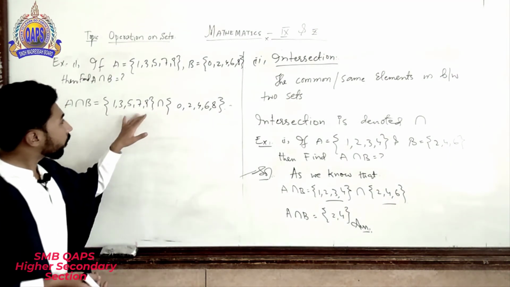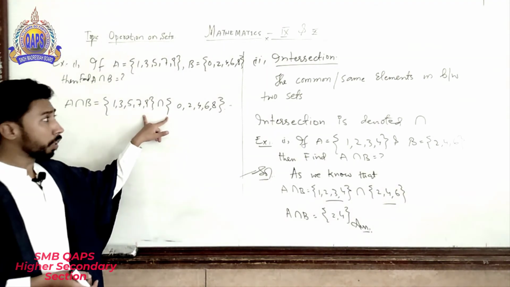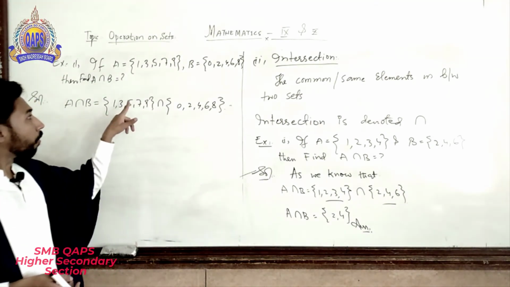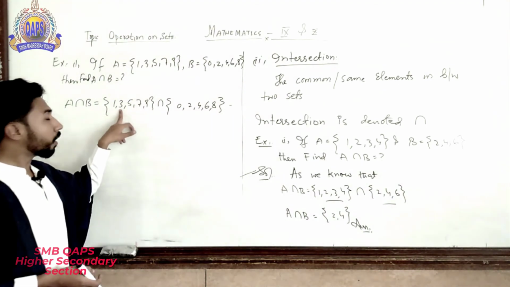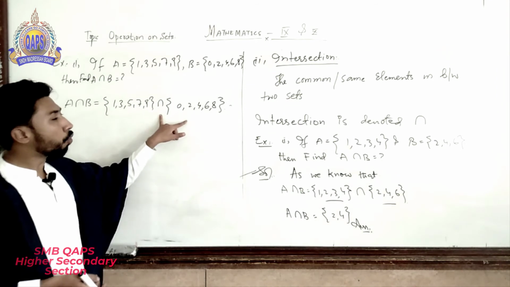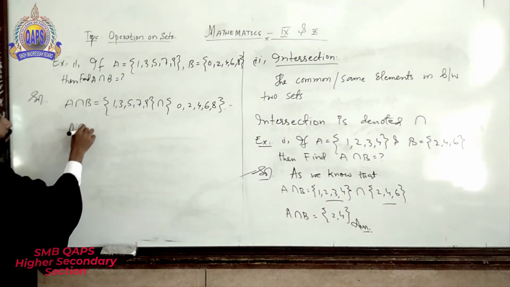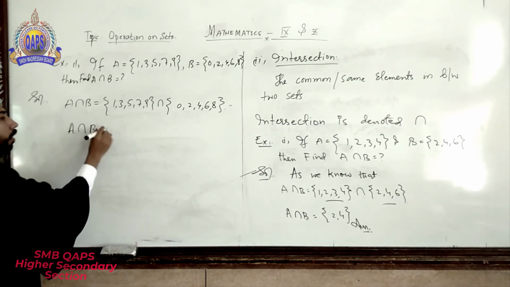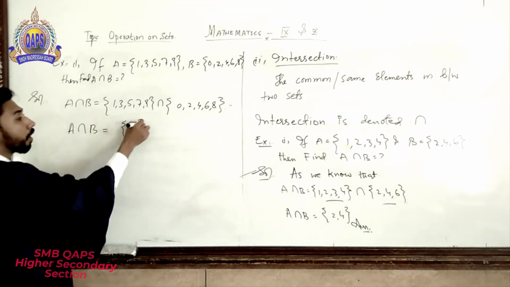Here students, which elements of the two sets are similar? Is there one in this set or not? Either 3, 5, 7 or 9. Because there is no similarity in between the two sets, the solution of this intersection is the null set.